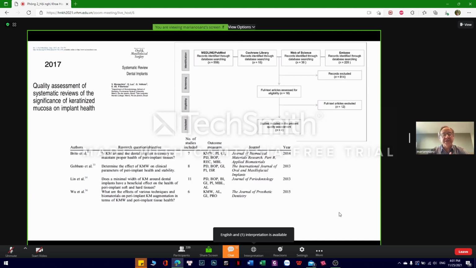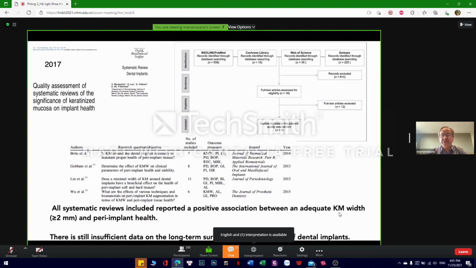So it is a publication that has evaluated the different systematic reviews on the significance of keratinized mucosa on implant health. And as you can see, there are 4 systematic reviews that were published before this paper in 2017. And here you have the number of studies.